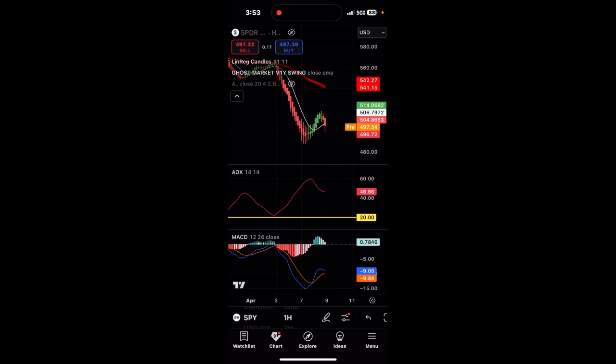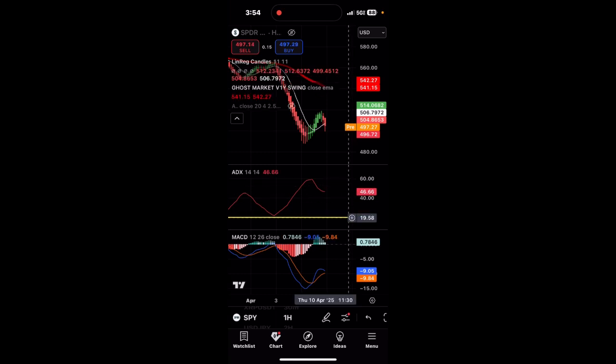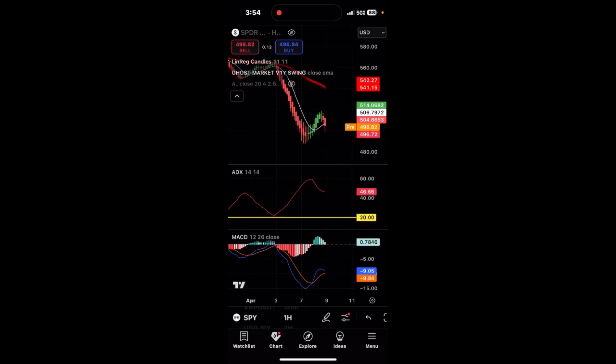Go to your hour time frame, or whatever time frame you want to trade on, and draw a horizontal line at the 20 on your ADX. You have to do that for every asset you decide to trade, because it's going to go away, so remember to put that line there.